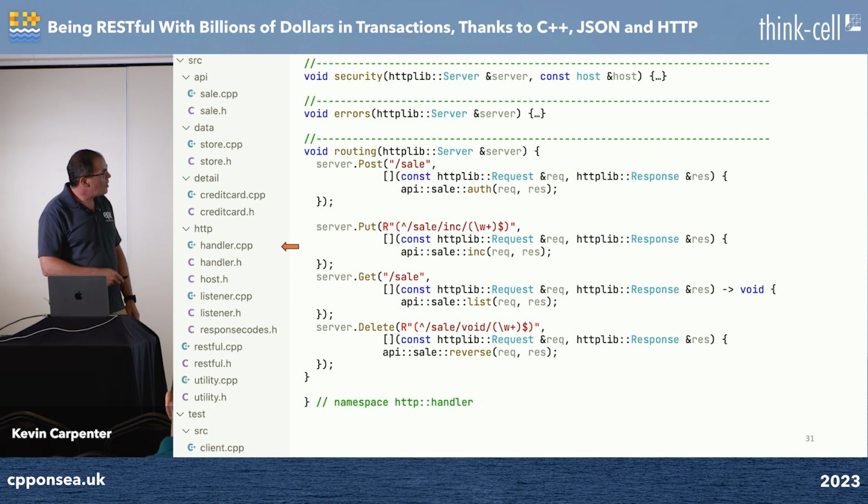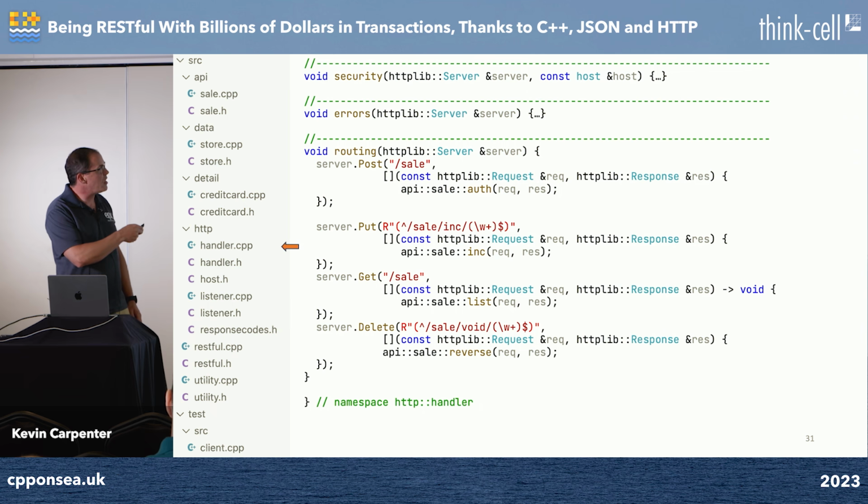And so if we start off looking at the routing, this is also where you're going to see that we are starting to set up our RESTful API. The way the routing works is, if we look at the server being passed in, we turn around and do server post.